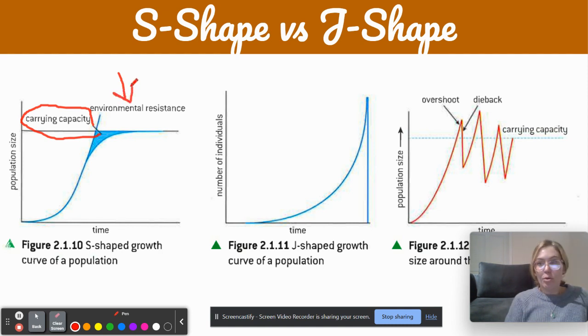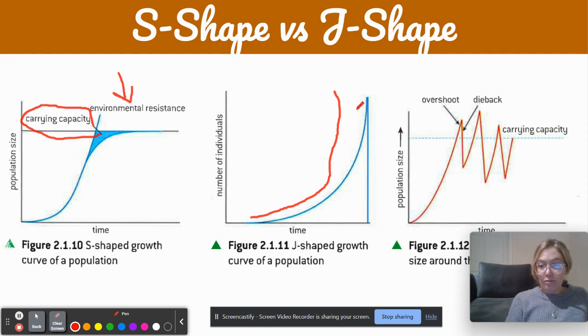This is typical: there is going to be some limit to food, to space, and potentially disease that strikes. So your typical population is going to be an S-shaped growth curve. But there are instances where you see a J-shaped curve, where there are no environmental conditions slowing them down. Currently, humans are crushing it in terms of population growth, which we will talk about next year.